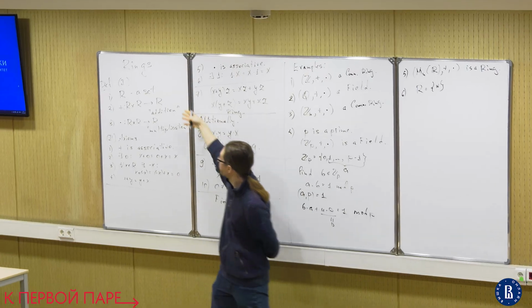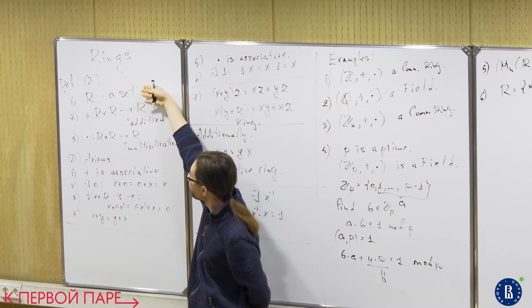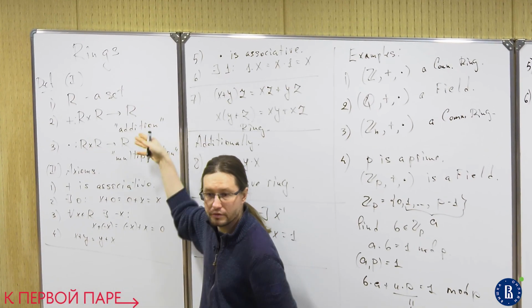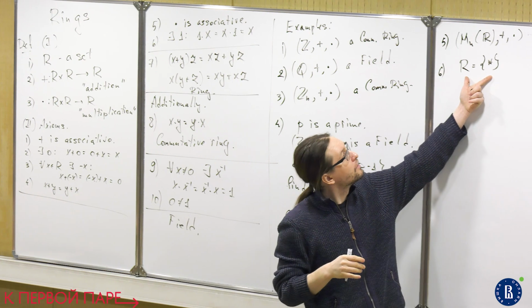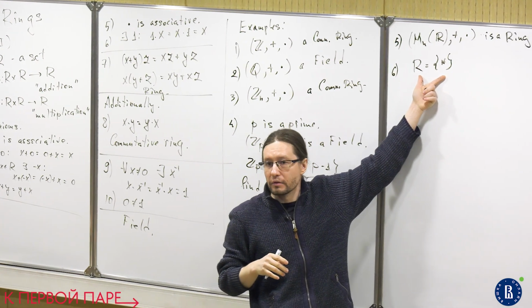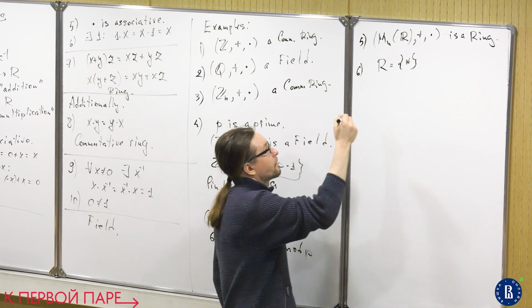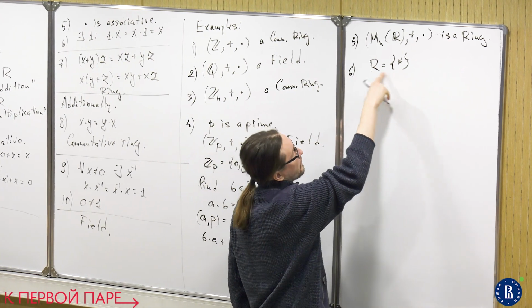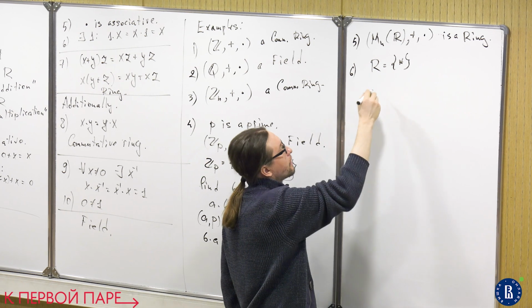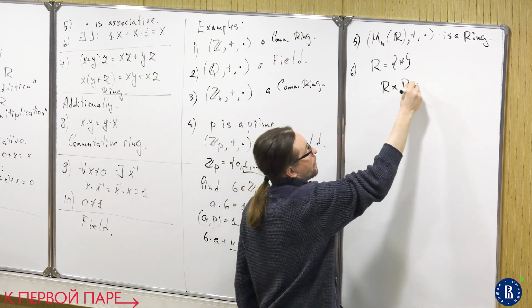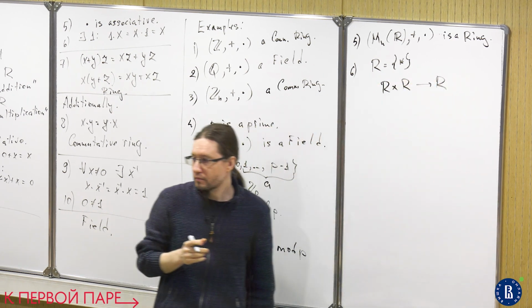So in order to give a ring, I should provide you with a set and a pair of operations. Let's take the set consisting of one element only. Okay? Now, if we're given a set with one element, there is only one operation.